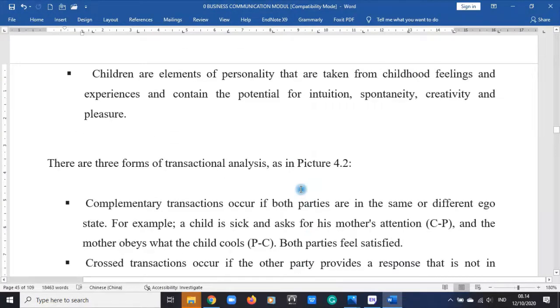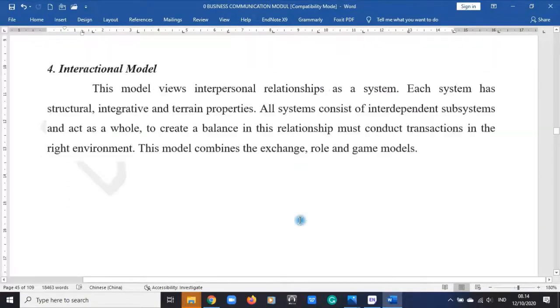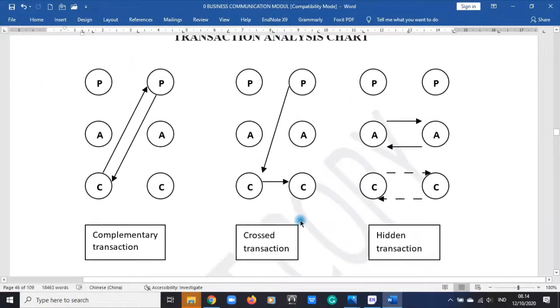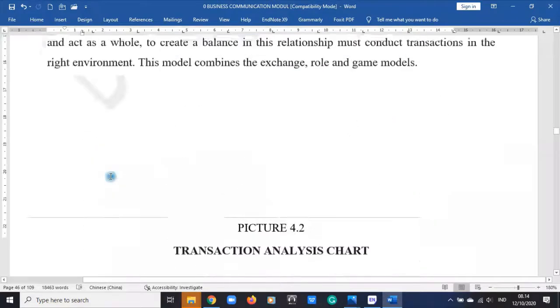And children are elements of personality taken from our childhood feelings and experiences, and contain the potential of intuition, spontaneity, creativity, and pleasure. We can see in this figure: parent, adult, and child.